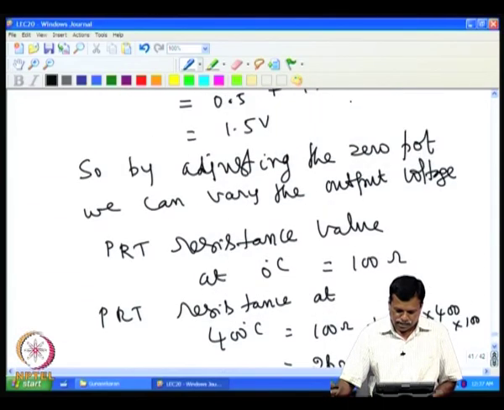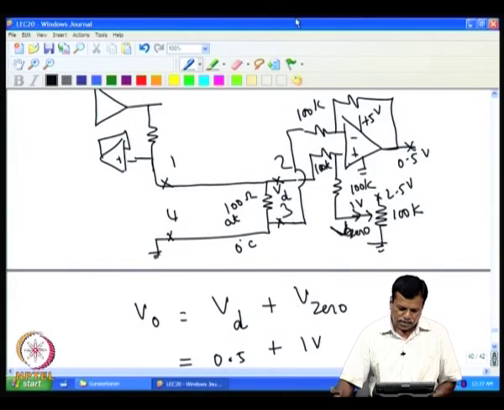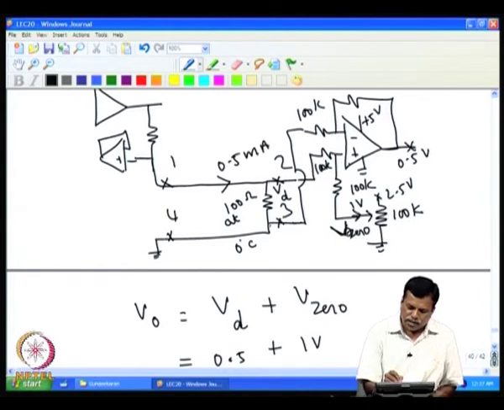Yeah, actually our assumption of 0.5 volt here has a small mistake, it is supposed to be 50 millivolt, because 0.5 milliampere into 100 ohms will give you 50 millivolt, and then 50 millivolt at this point will make 25 millivolt here.